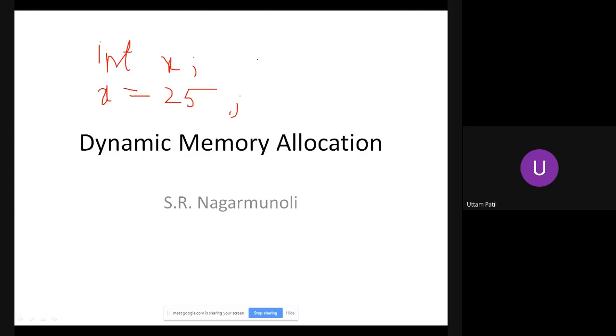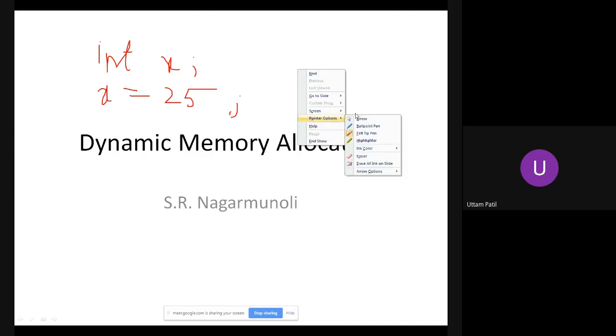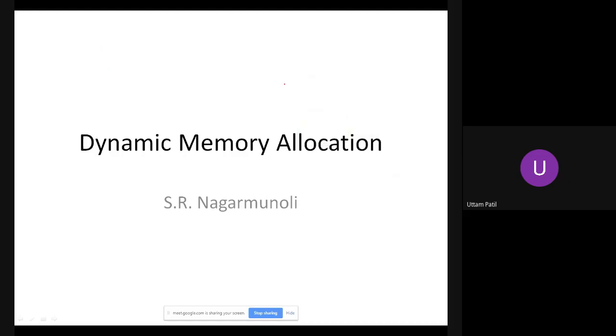Then, how much memory has to be allocated? So allocating the memory for the variables is good. Of course, it is very much required. If we know well in advance how many variables we need in our program and how much memory is required for the execution of our program, we can declare the variables and use that memory.